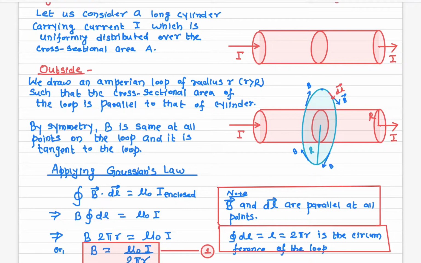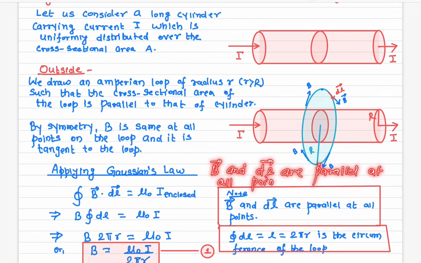Okay, the two important points: first, B, the magnetic field magnitude, is the same at all points on the loop. The second point is B vector and dl vector are parallel at all points on the loop.